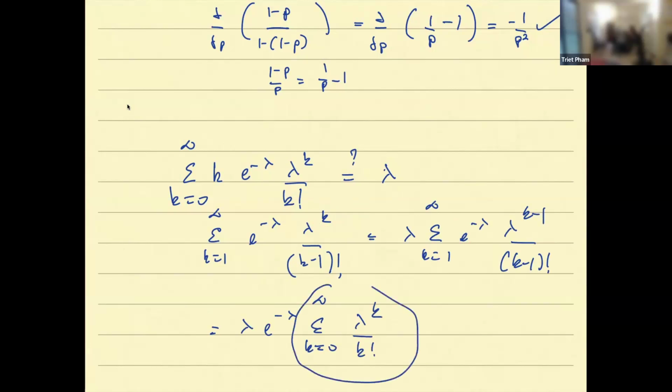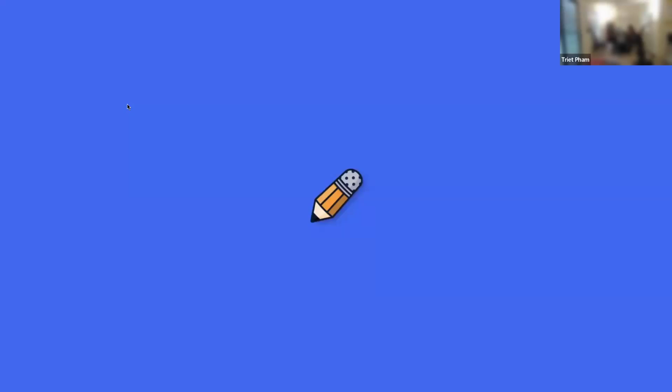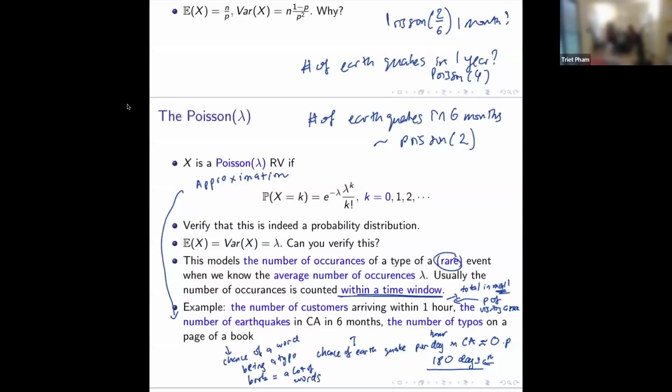And this sum, from your Calc 2 education, would be e to the lambda. All right.